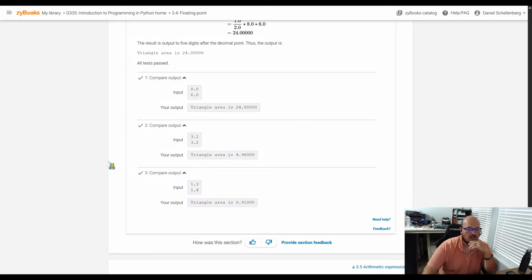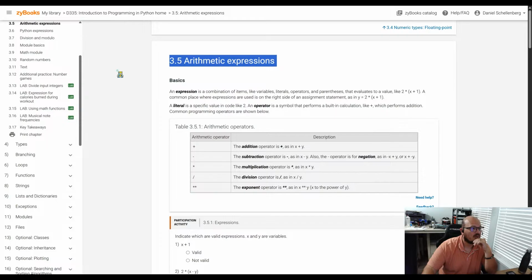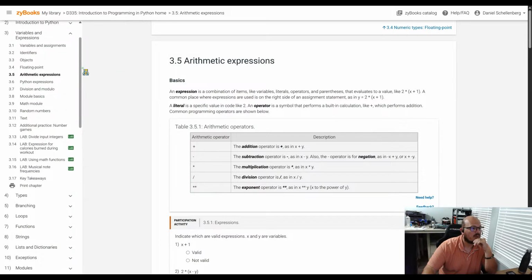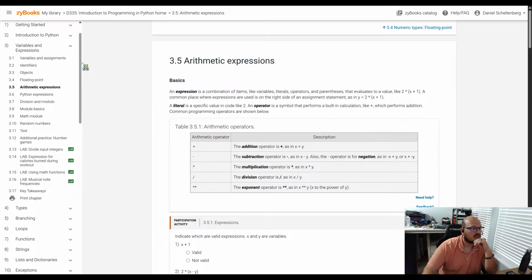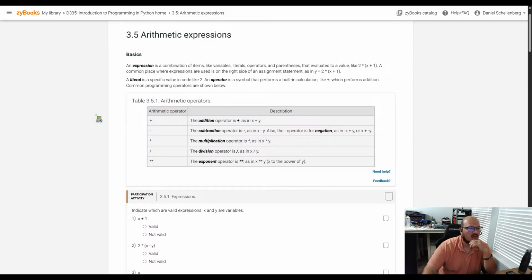Okay, so on to 3.5. So where are we here? Python expressions. Basics for arithmetic expressions. An expression is a combination of items like variables, literals, operators, and parentheses that evaluates to a value, like 2 times x plus 1. So that's an expression.